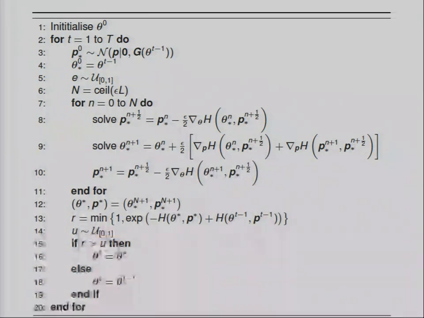So you can see the only difference really between the standard random walk Metropolis-Hastings and this is, first of all, we have this Gibbs step, and then we have this other Gibbs step, which is really just the Metropolis step. And the proposal mechanism is just the solution of this system of deterministic differential equations. And that's it. Easy.